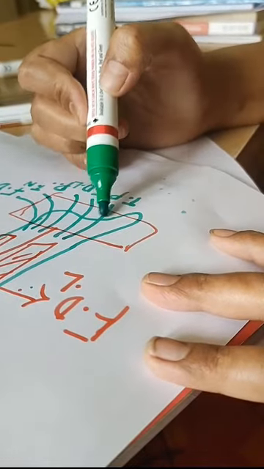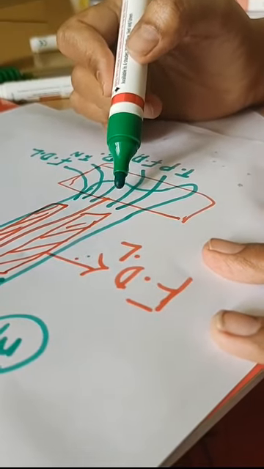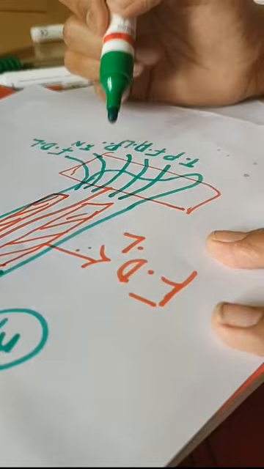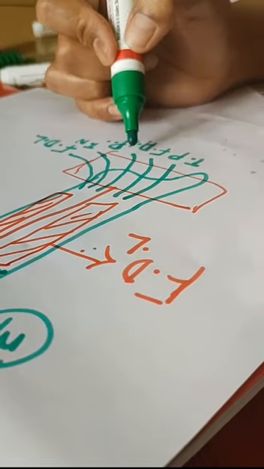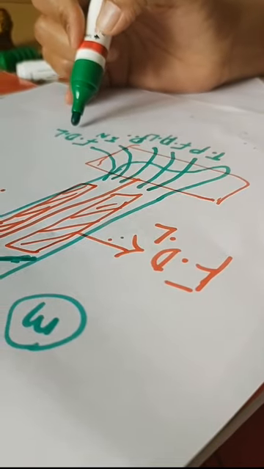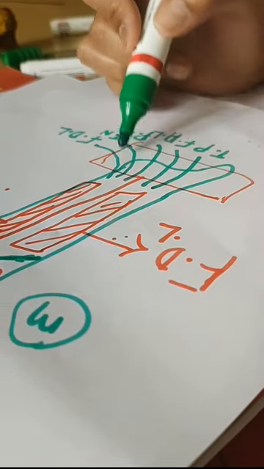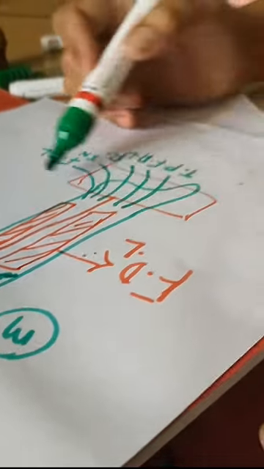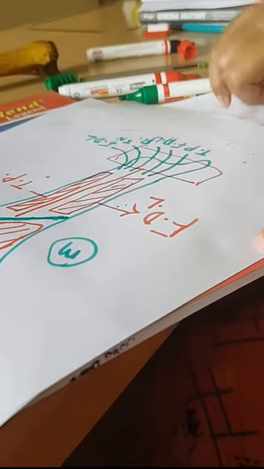First we will have the tibialis posterior tendon, then the flexor digitorum longus tendon, then the flexor hallucis longus, then the posterior tibial artery, then the tibial nerve. These are the structures related to the lower end of this surface.